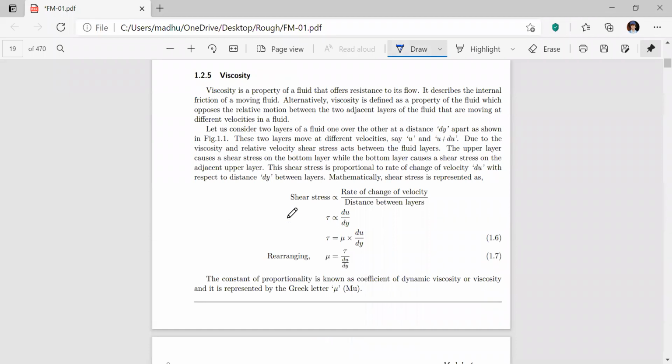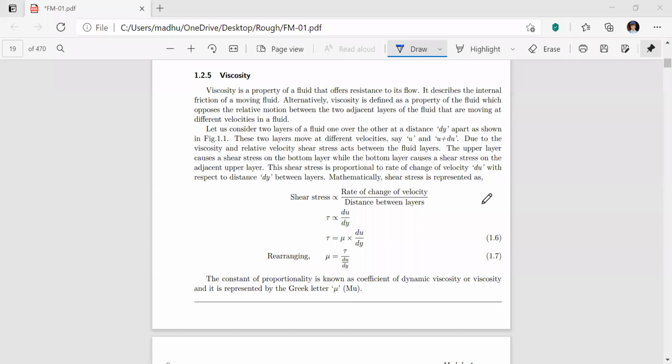So what do you mean by viscosity then? Viscosity is a property by virtue of which the fluid offers resistance to its motion. It is the property by virtue of which the fluid will not easily flow, so it will offer some resistance.